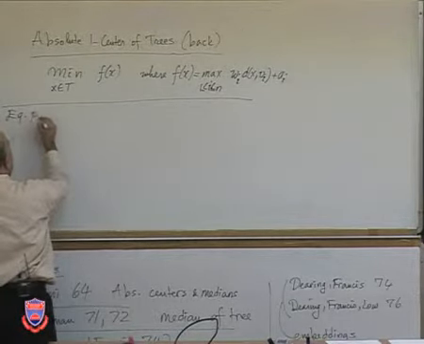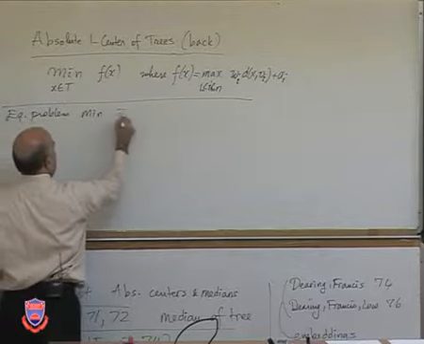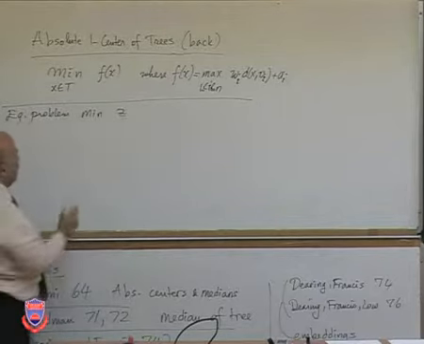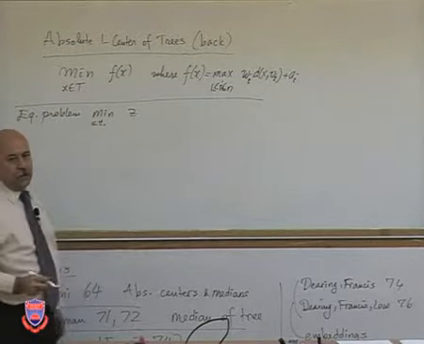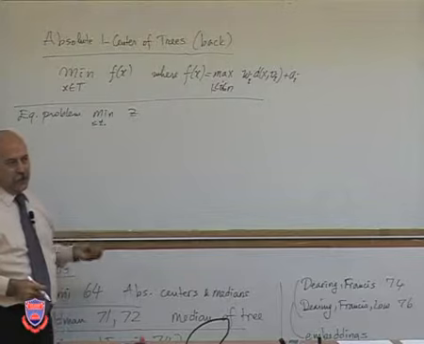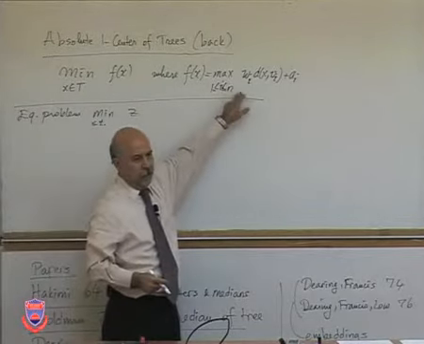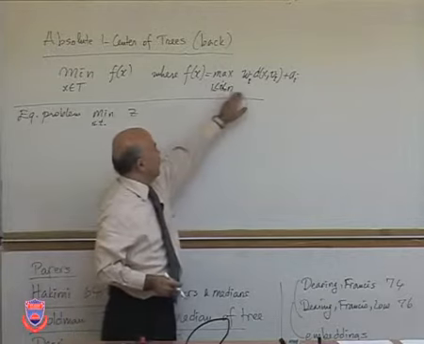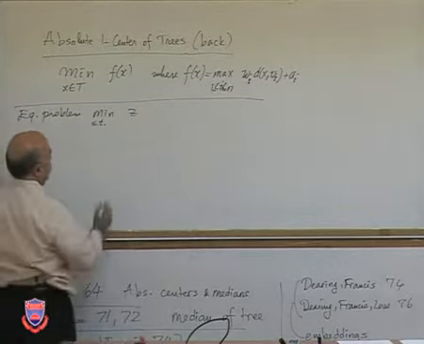The equivalent problem is to minimize a variable z subject to f of x being less or equal to z. But f of x is less or equal to z if each term that appears in the maximum operator is less or equal to z.